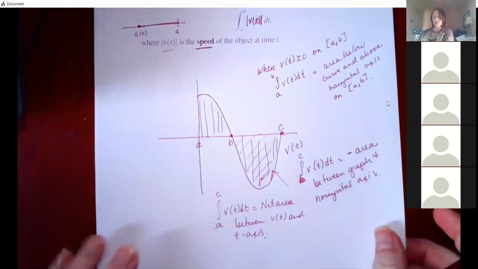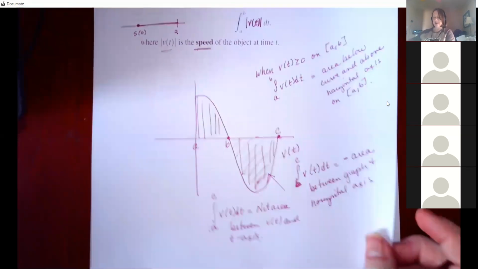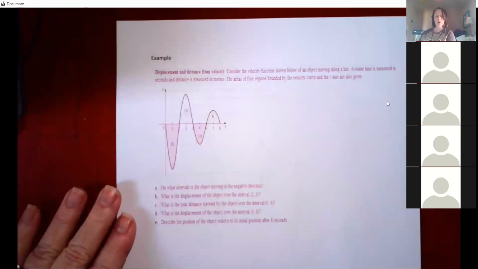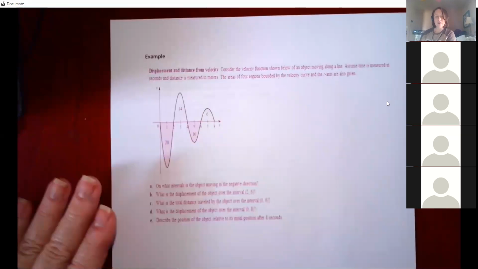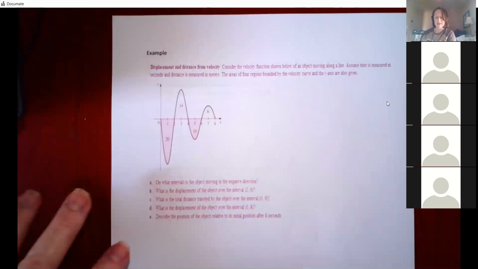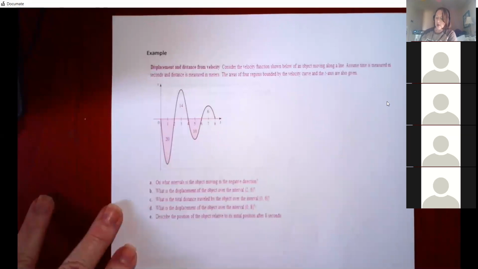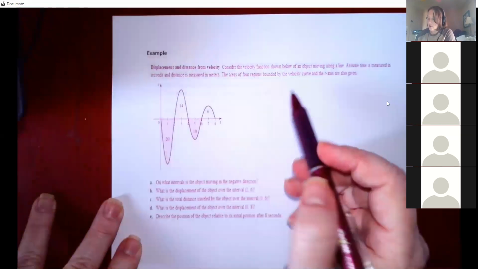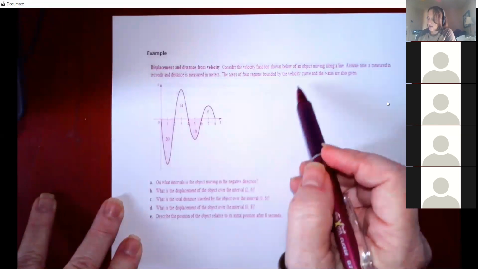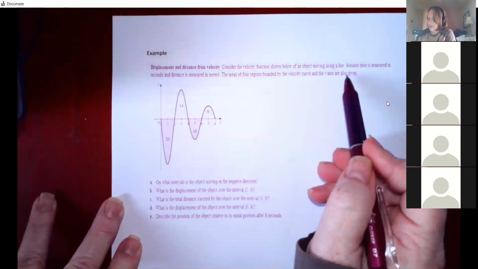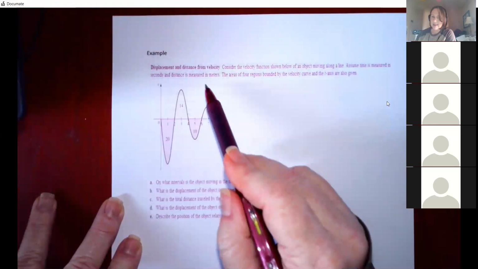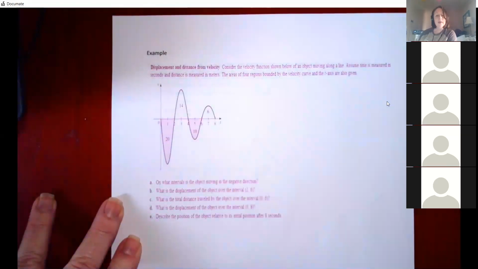So I say that to remind you, because they're about to give us an example where we are given a velocity function on a particular time interval. And so they tell us our velocity function is of an object moving along a line. Time is measured in seconds and distance is measured in meters. And it says the areas of 4 regions bounded by the velocity curve and the t-axis are also given.